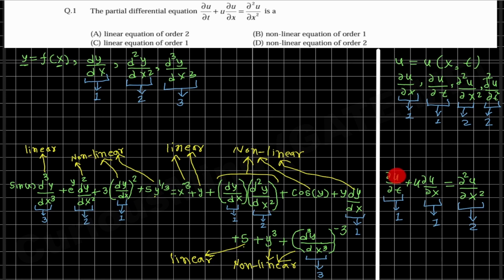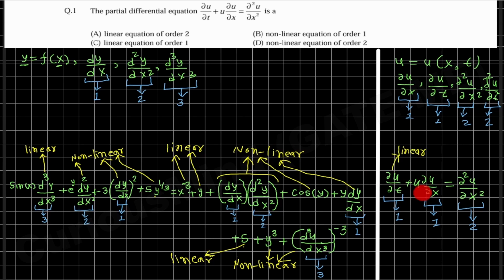What we have here is only a single partial derivative of u with respect to t. So this term is making this whole partial differential equation a linear partial differential equation.